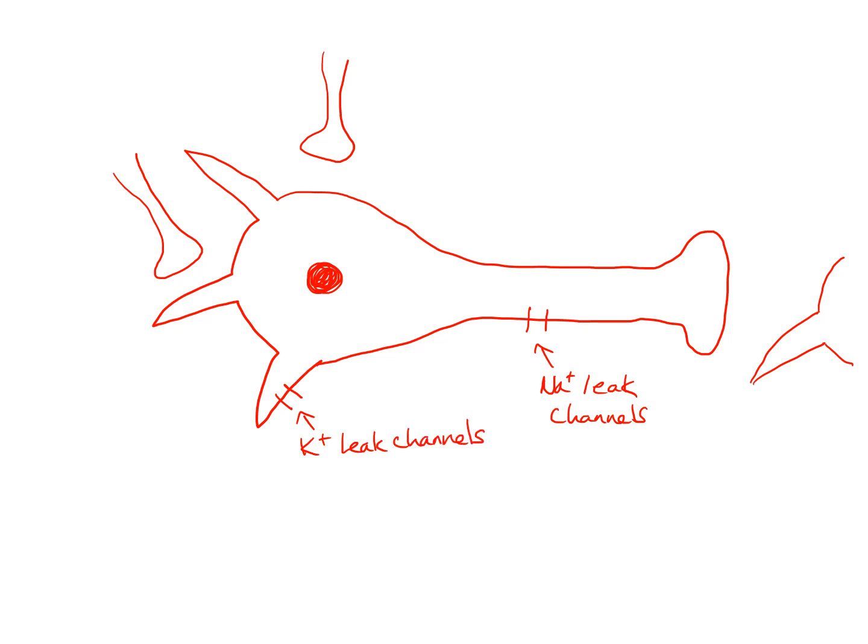And they're going to be responsible for helping to create the resting membrane potential of minus 70 millivolts. And they're going to be located all over the neuron. So they're going to be on the dendrites, the soma, the axon hillock, down the axon, axon terminal. They're everywhere. So they're going to be throughout the neuron.